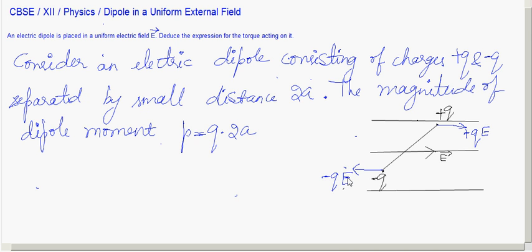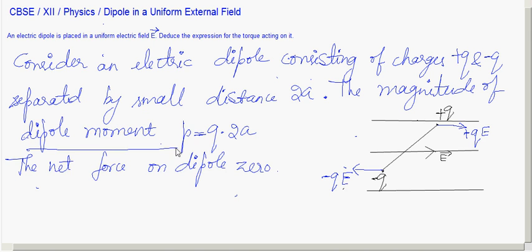Now there are two forces acting here. The net force on the dipole is 0 because plus qE and minus qE are equal and opposite. Important: when a dipole is placed in a uniform external field, the net force on the dipole is 0.